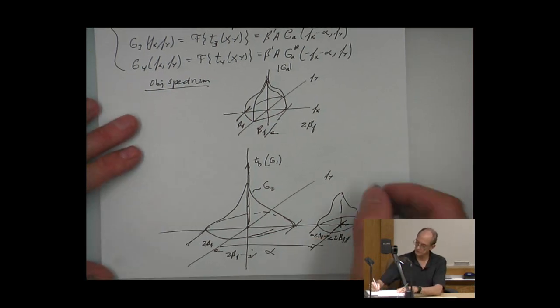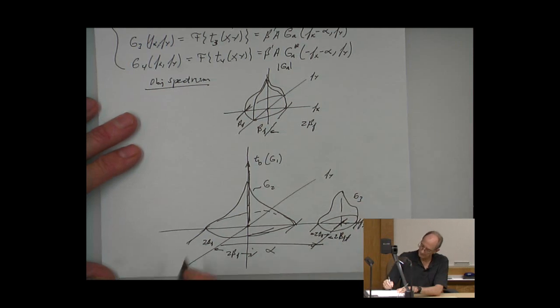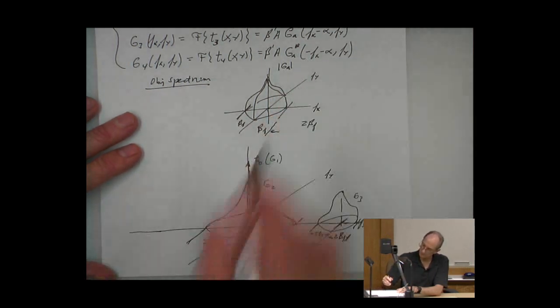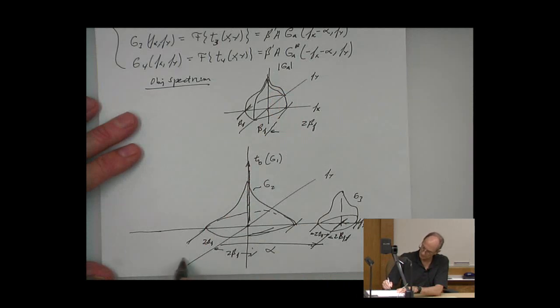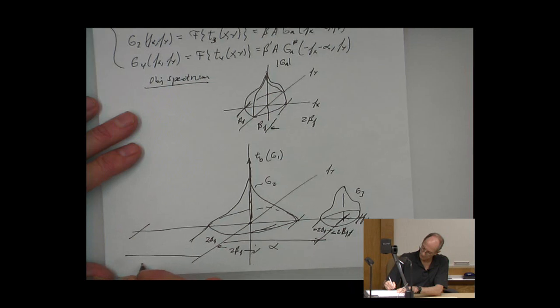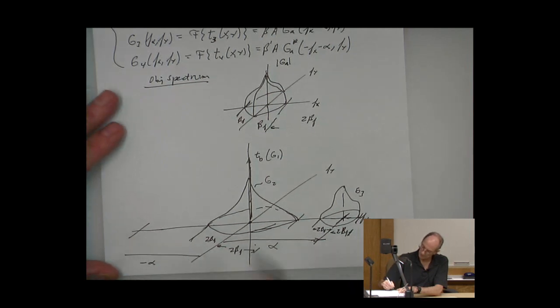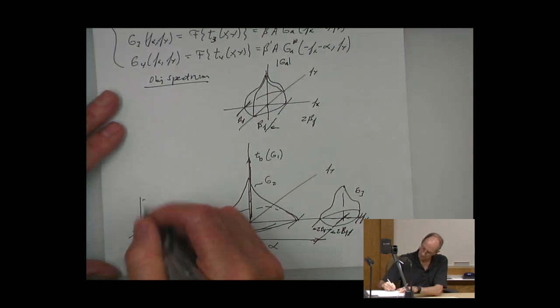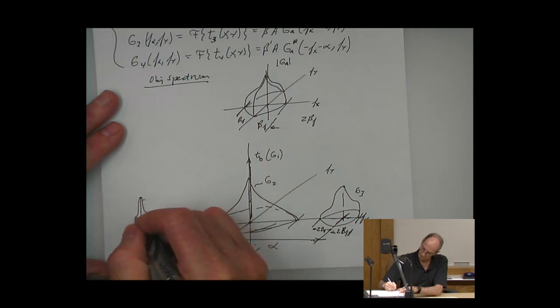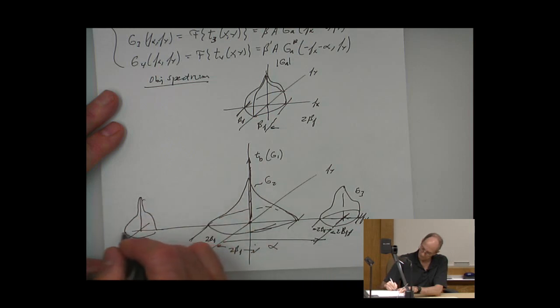All right, so this is G3, and G4 is out on the other side. We have the negative Fx, and so this is shifted out here, minus alpha, and there we have another function looking like that.